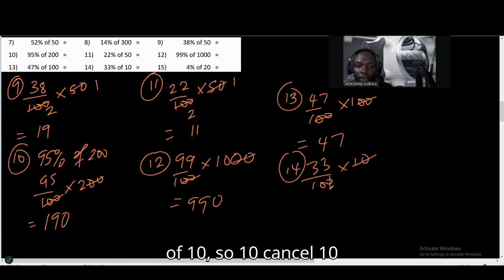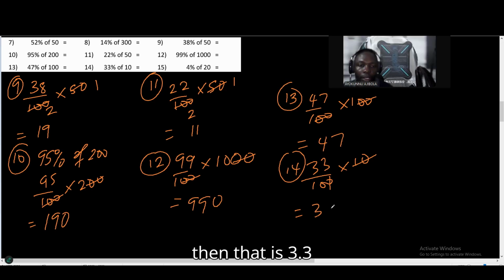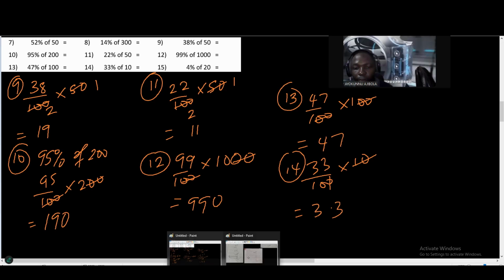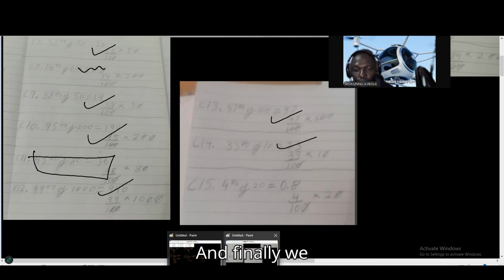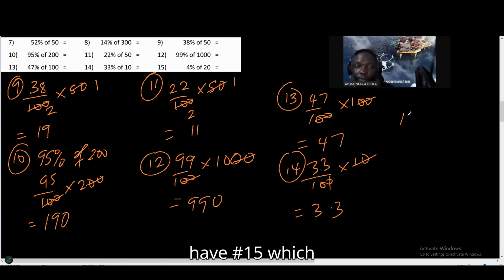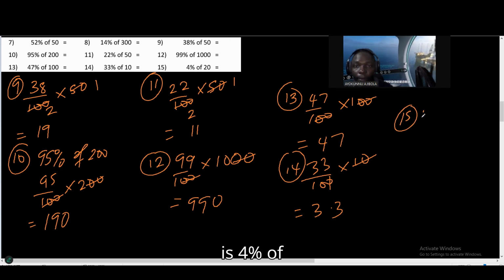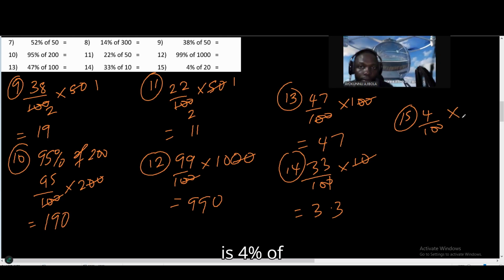So 10 cancels 10. Then that is 3.3. You should get 3.3. That's correct. And finally, we have number 15, which is 4% of 20.